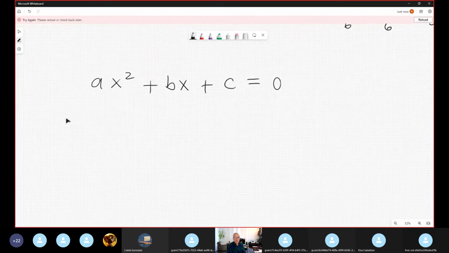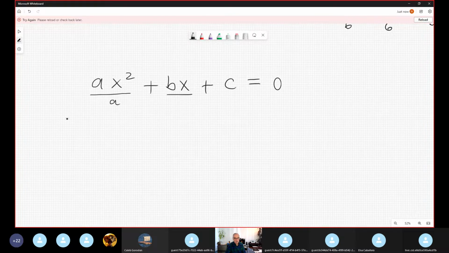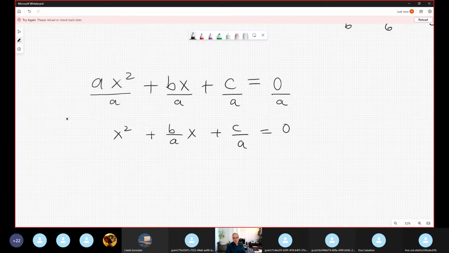Can I apply the square root method on this? Yes. You divide by A. You have x squared plus b over a x plus c over a equal to 0, because 0 divided by any number is 0.